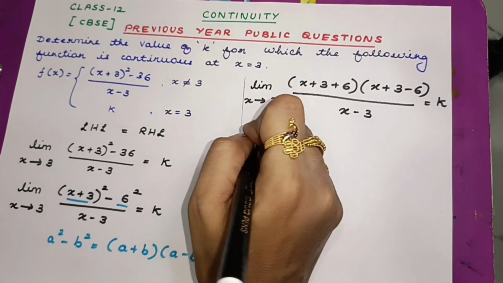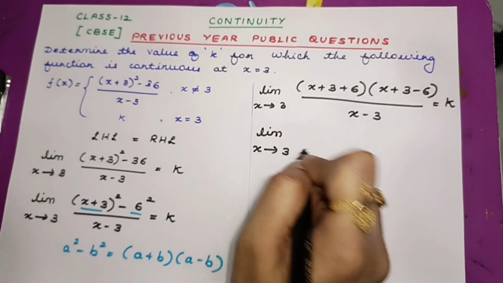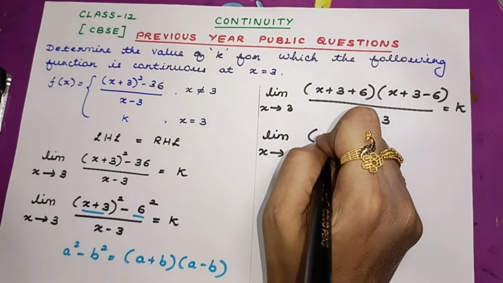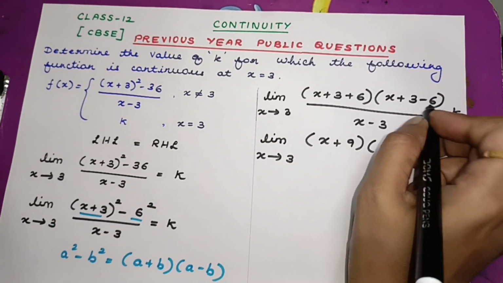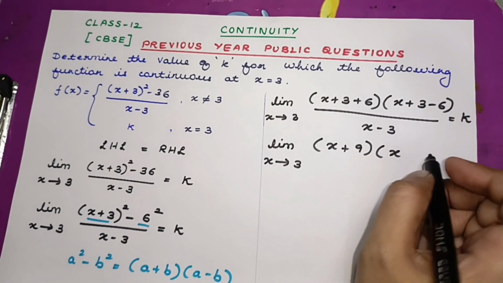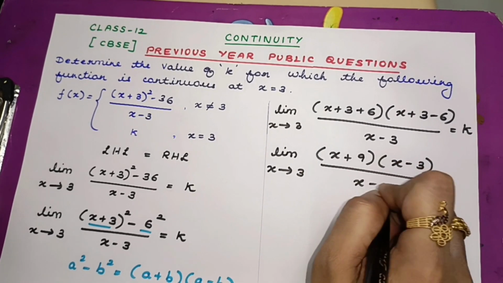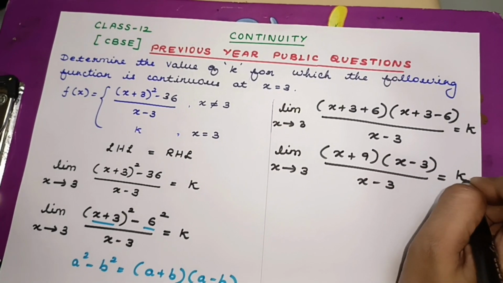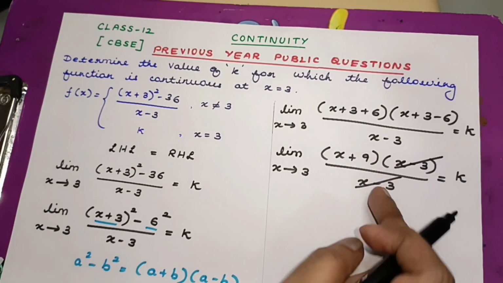Now limit x tends to 3: x plus 6 plus 3 is x plus 9, and x plus 3 minus 6 is x minus 3, because for opposite signs we subtract and use the sign of the greater number. So (x plus 9)(x minus 3) divided by x minus 3 equals k. Cancel these two terms because they are in the product.